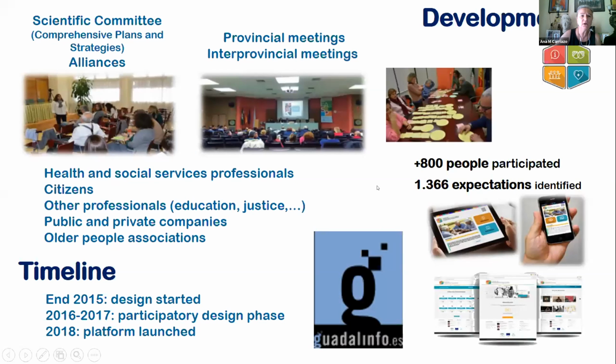For the development of the platform, it was co-created with a wide set of meetings in the 8 provinces that we have, with more than 800 people participating in provincial meetings, prioritizing their expectations, with more than 1,000 expectations identified. Participants included elderly people associations, professional associations, as well as people from the Andalusian School of Public Health and the different delegations of the Regional Ministry of Health.